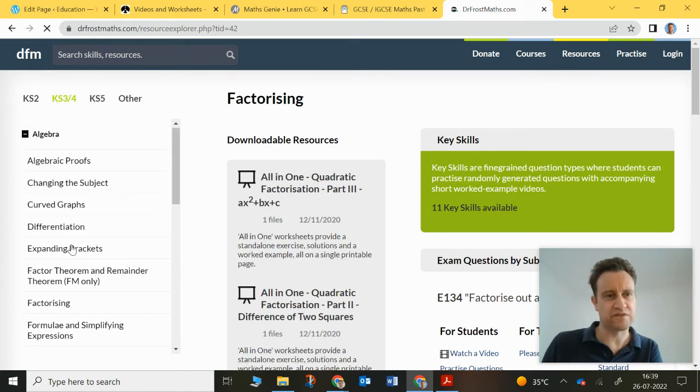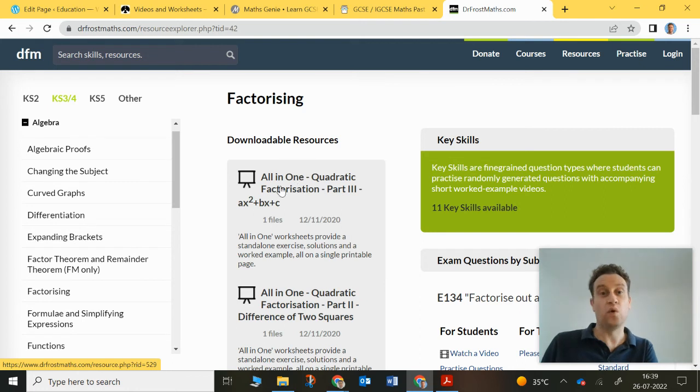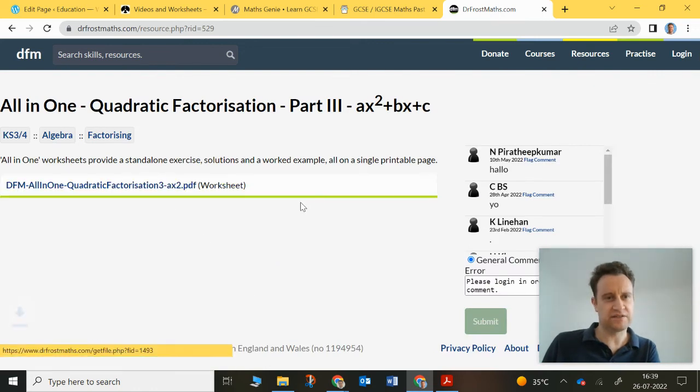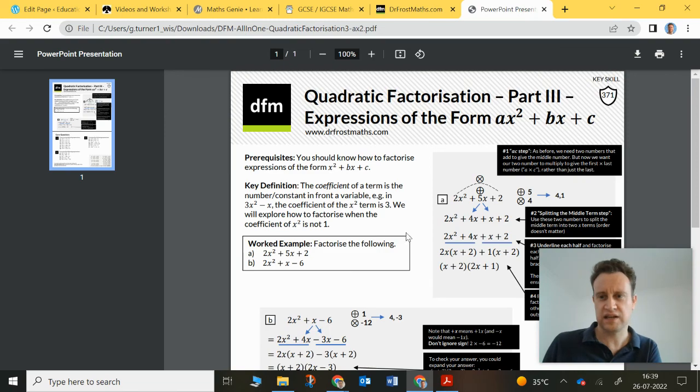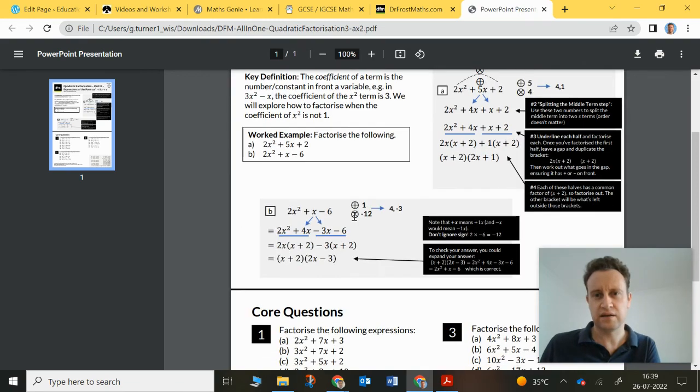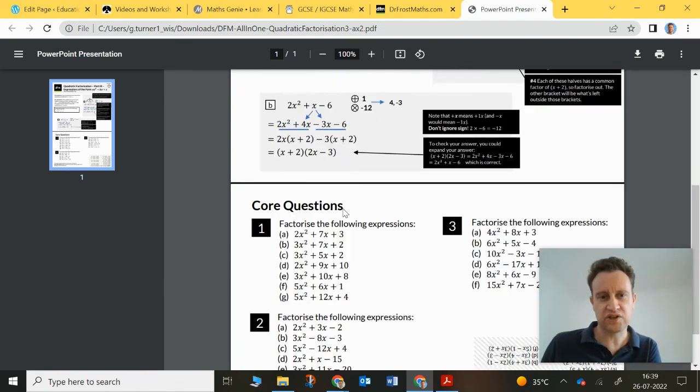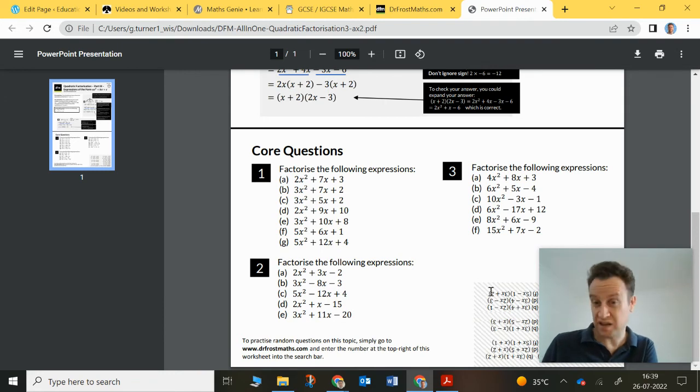If we look at factorizing, for example, this one is all-in-one worksheets. So he calls things slightly different things on occasions. Here there's a little explanation, some core questions, and some hidden answers.